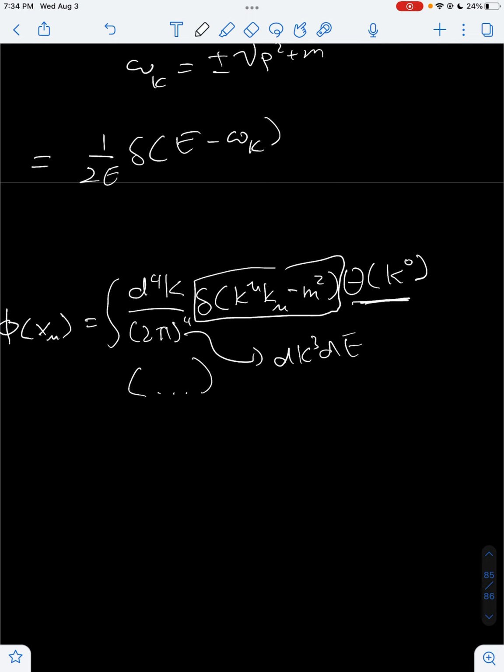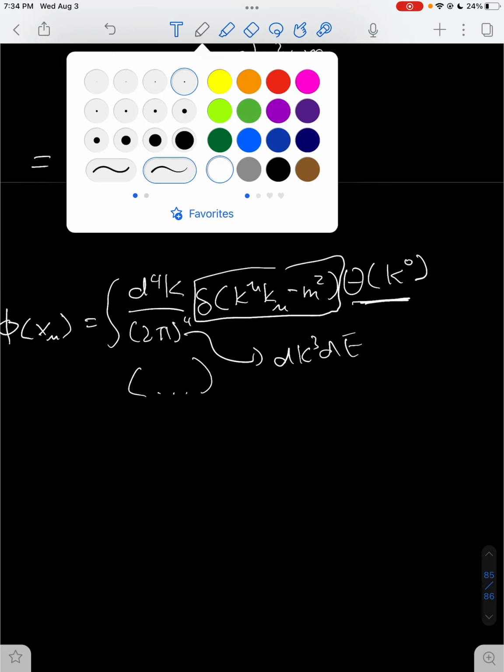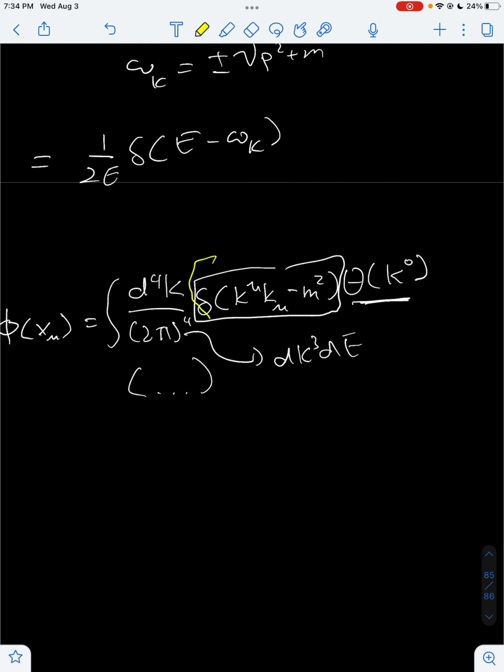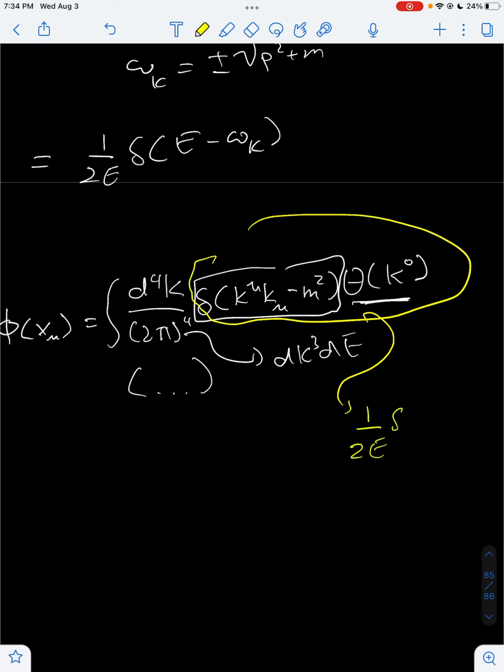We now know that all of this in the yellow is just equal to 1 over 2e delta(e minus omega k).